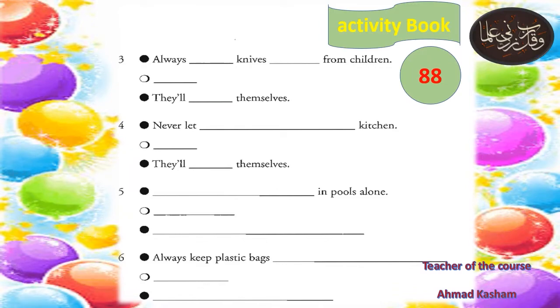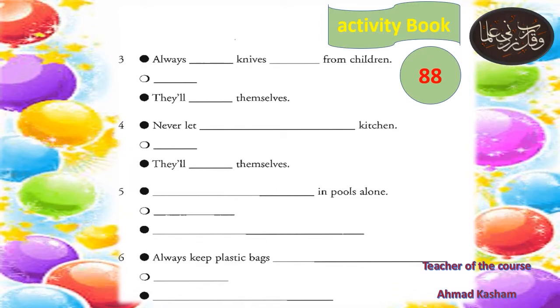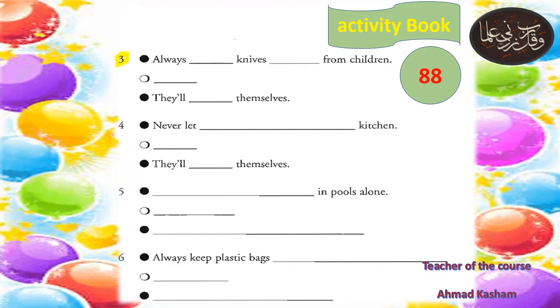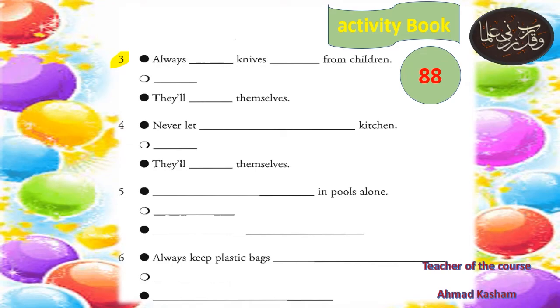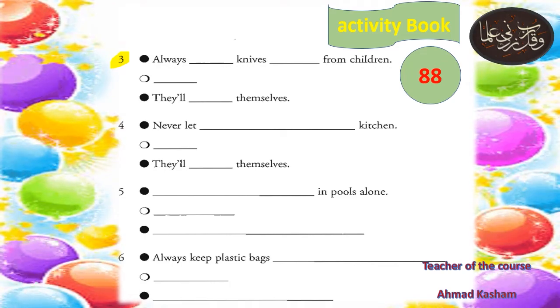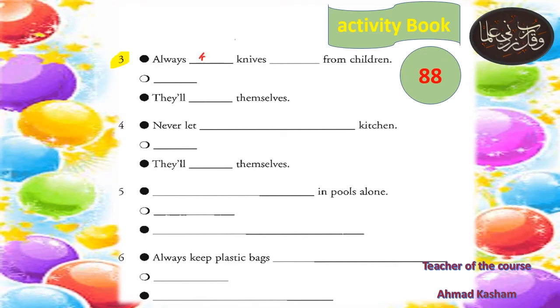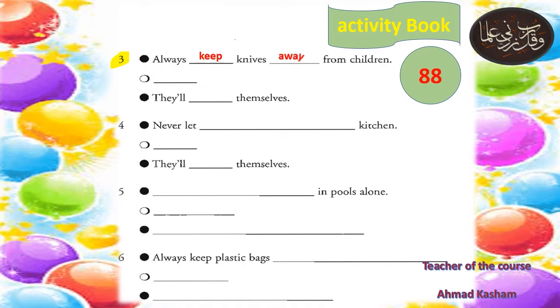Now on the next page, on page 88, my students, we continue our exercise number 3. Always keep knives away from children. So we started this warning with always.